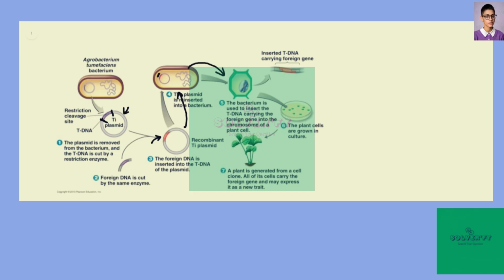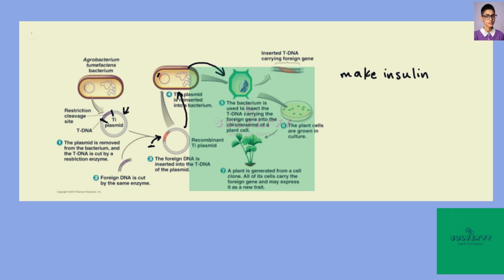So this step right here, when you are combining different kinds of DNA, you are producing recombinant DNA. Okay, you are recombining DNA. And this is actually extremely useful. It has been used, for example, to make insulin to treat diabetes.